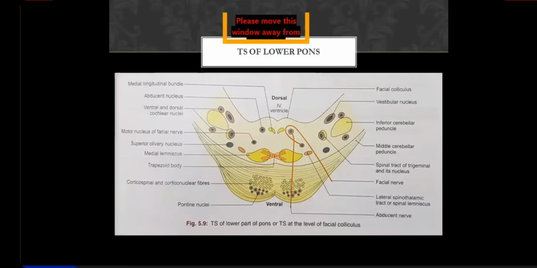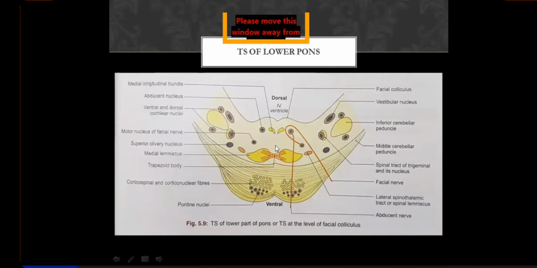Okay. If you remember the transverse section at the level of inferior colliculus of the midbrain, there ventrally you found the superior cerebellar decussation, right? So you know that there are three cerebellar peduncles and how they're attached to the three portions of the brain stem.